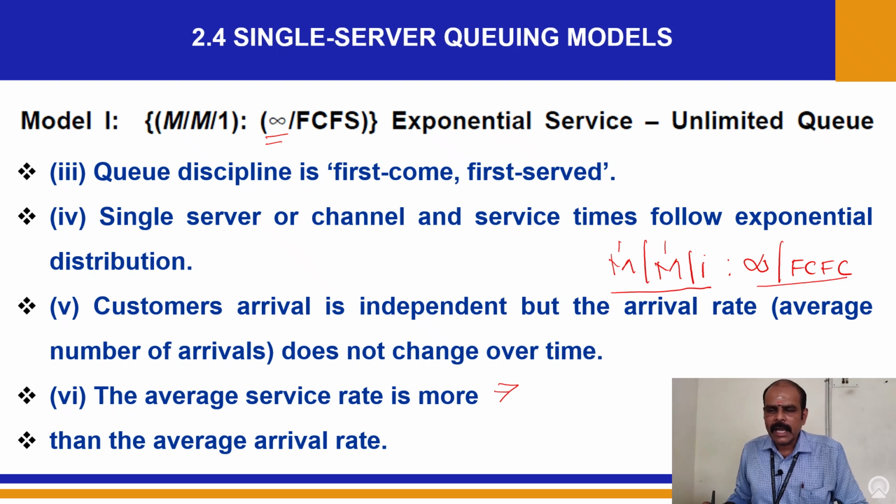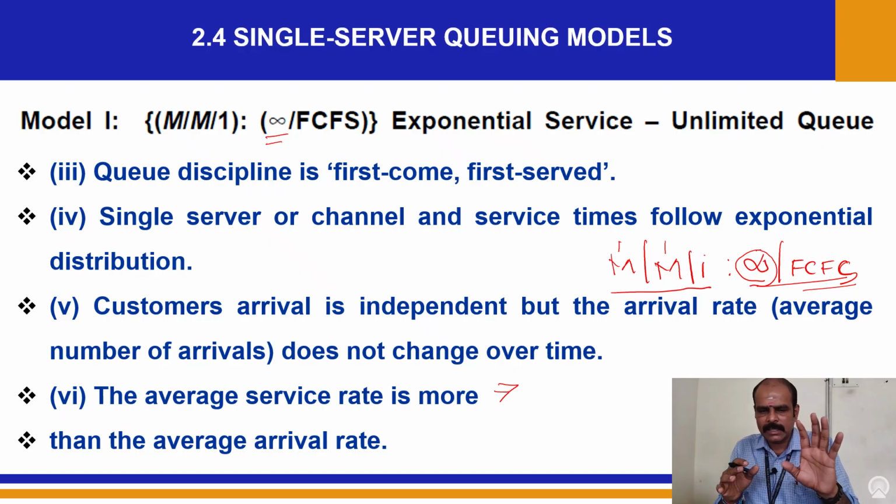In an infinite population you can't control the population size; they come from the society, from the geographical location, and the behavior is FCFS. You arrive first into the system and you go early from the system. That is the understanding you need to have. That much is sufficient for warehousing purposes.